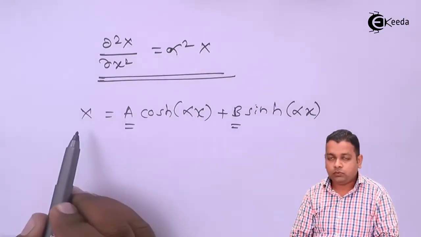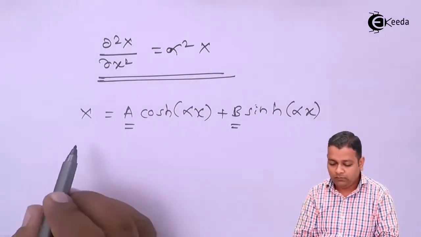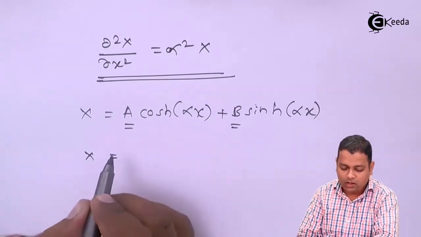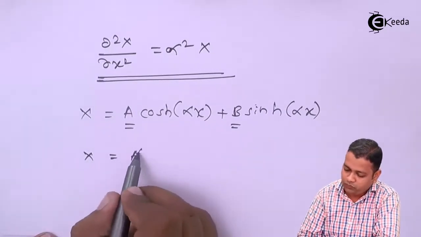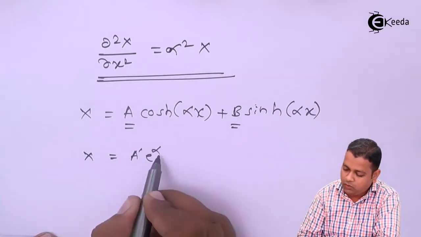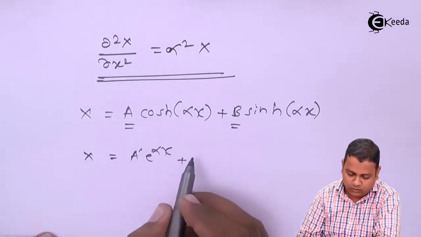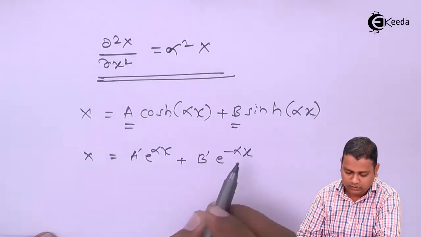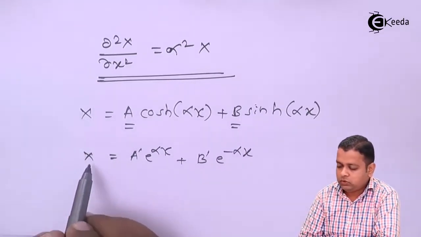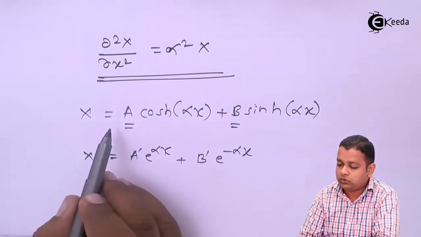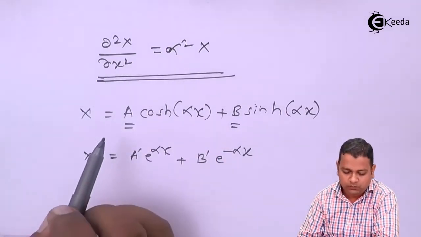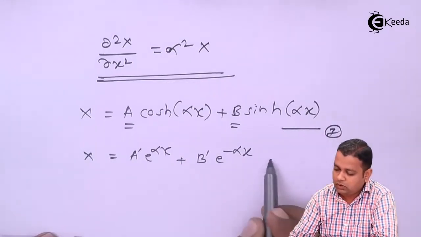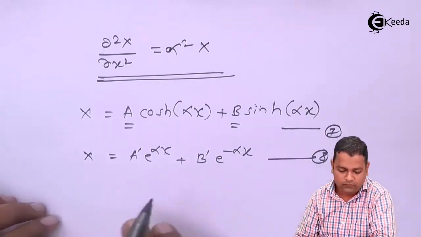This is one form of solution to this equation. Another, in exponential form, can be given as capital X equal to A dash e to the power alpha x plus B dash e to the power minus alpha x. These two are both forms of solutions for the above equation. Let us denote this by equation number 7, this by equation number 8.